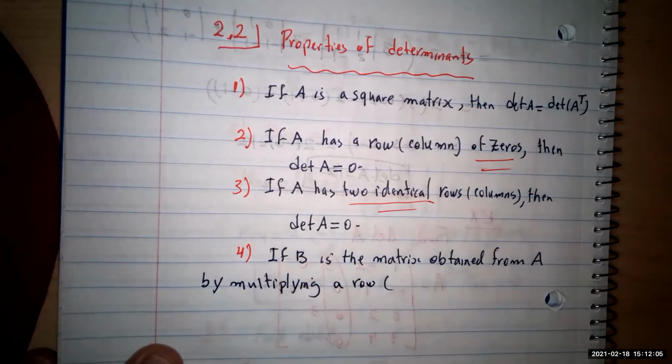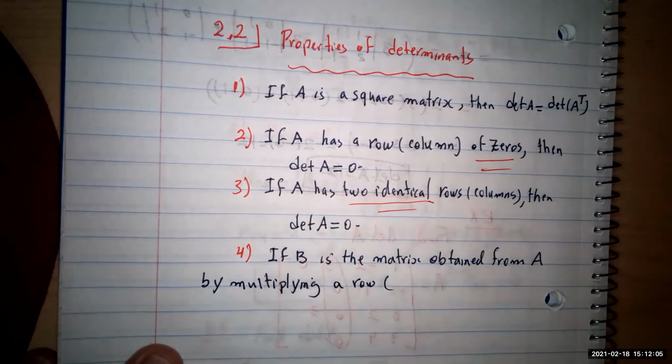By multiplying a row or column of A by a number, by a scalar k. Multiply by 2, multiply by 3.